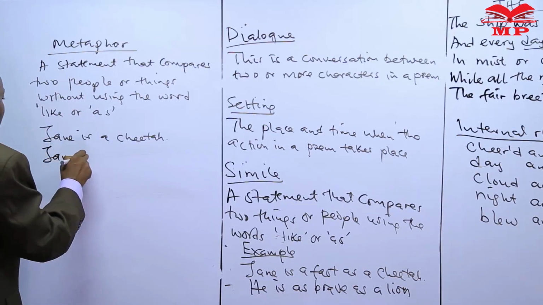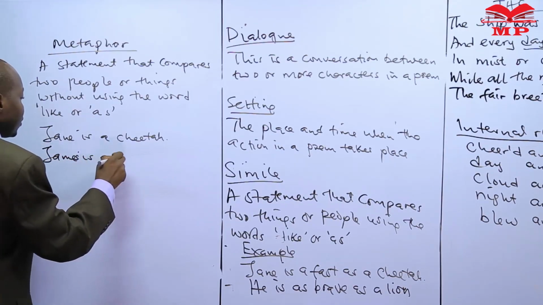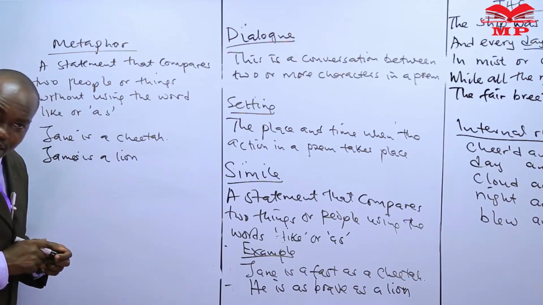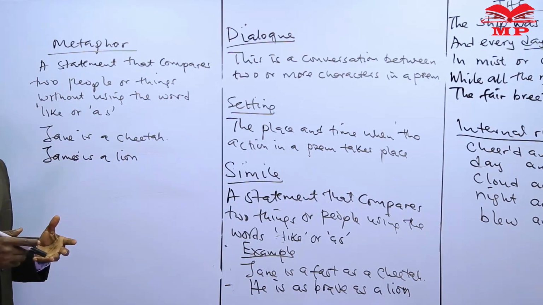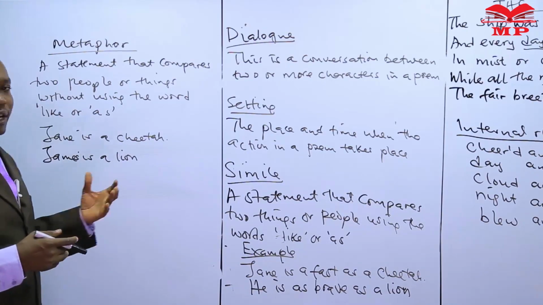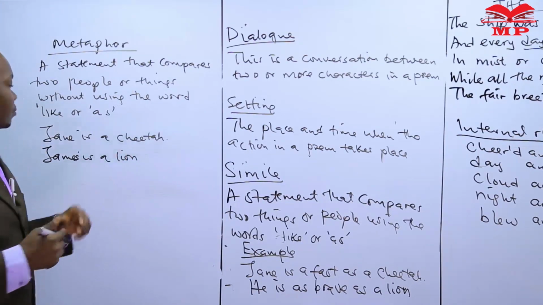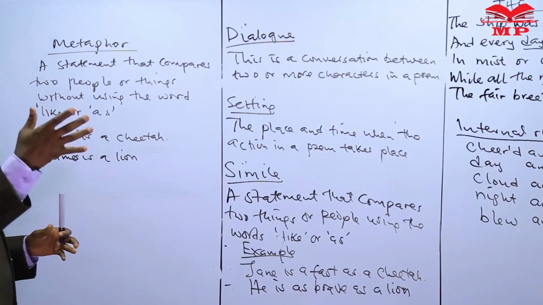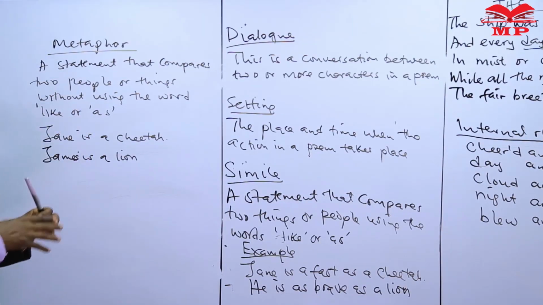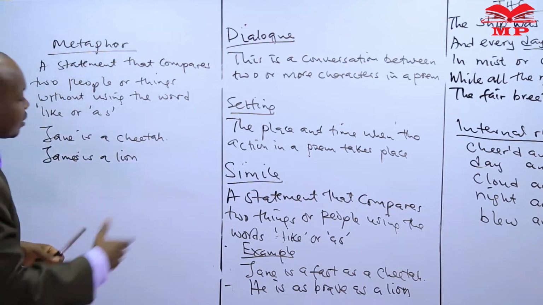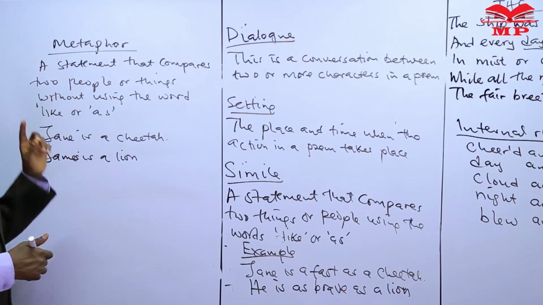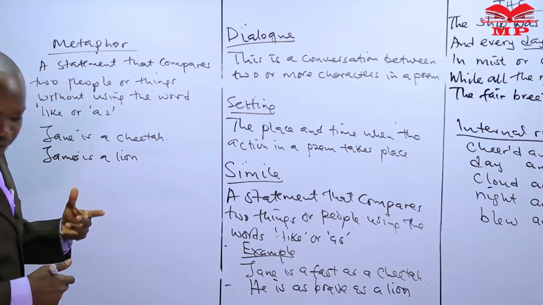James is a lion. Does it mean that James is an animal? No, it means that James is a brave man, just like a lion. So, words which compare two things directly, such statements without using the word as, are called metaphors, and they are very common in poetry.